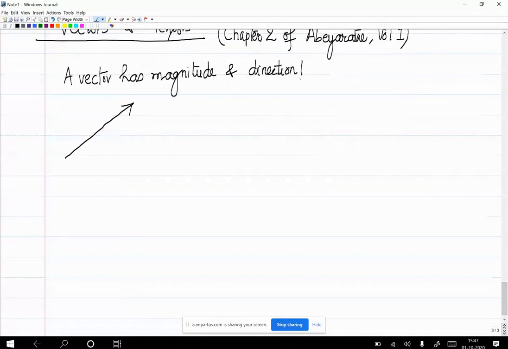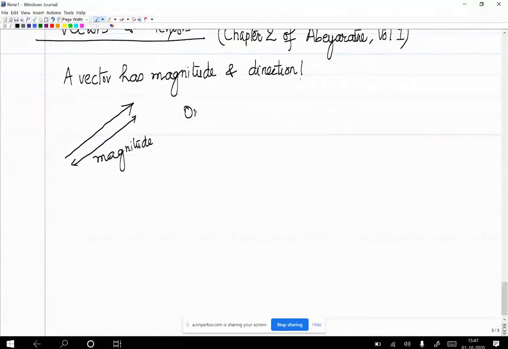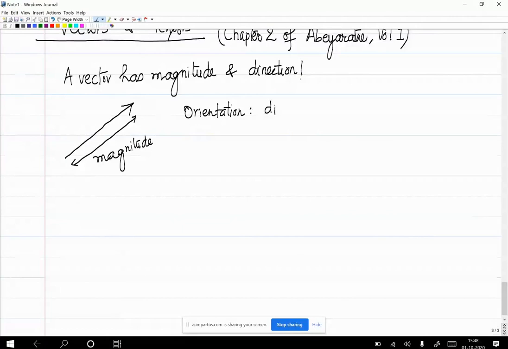A scalar, for example, has just magnitude. It has no direction, but a vector has this extra information of direction. So the length of the arrow, that is the magnitude, and the orientation of the arrow is the direction.